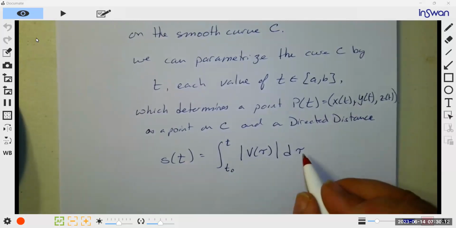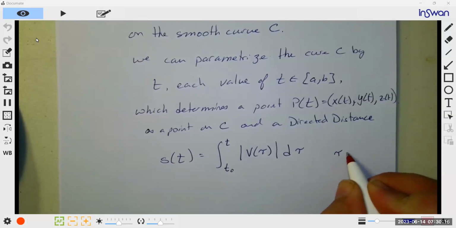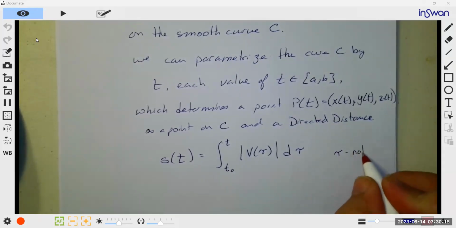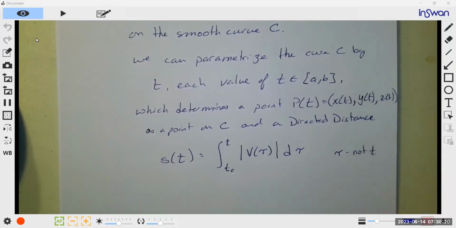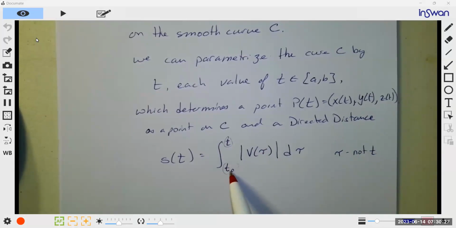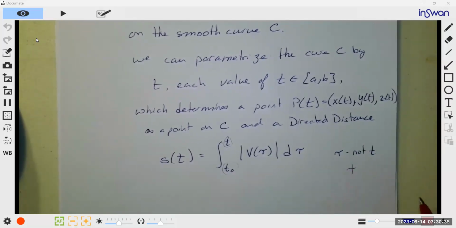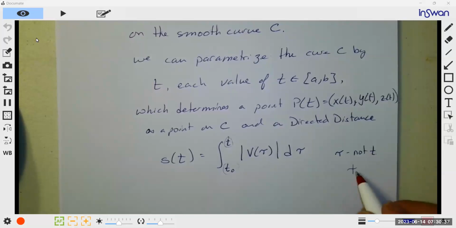No, that's not t, it's Greek tau, because t is our bounds. We're looking at time, initial time to final time. So we're using tau. You have to be very careful, because it's very easy to get those mixed up.